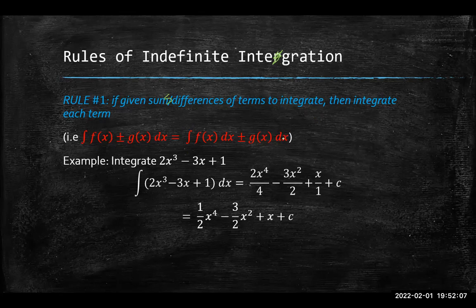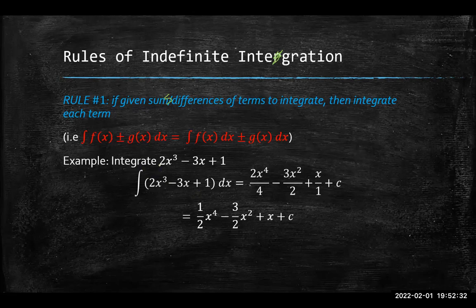Just to give you context on how exactly that is applied, let's do this question. Say they told me to integrate 2x cubed minus 3x plus 1. My rule, sums and differences. I see a minus sign and a plus sign, so that implies a sum and a difference. According to this rule, nothing really changes.